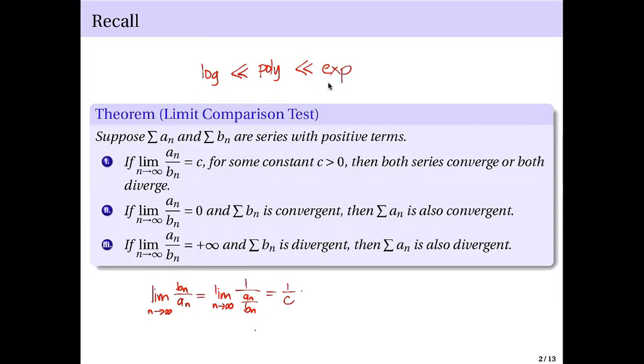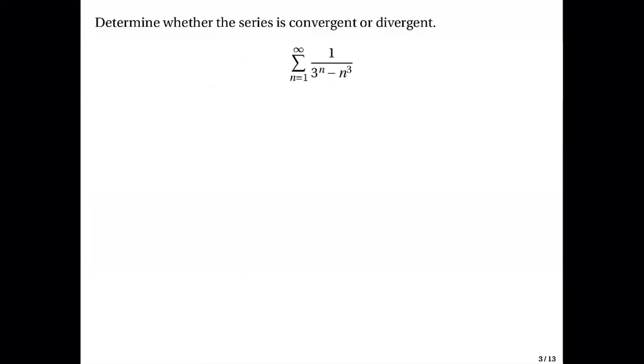Okay? Comparing these three. So, mamaya makikita nyo kung bakit helpful itong sequence na to. Log, poly, and then exponential. So, let us consider this series. So, we want to determine whether this series is convergent or divergent.